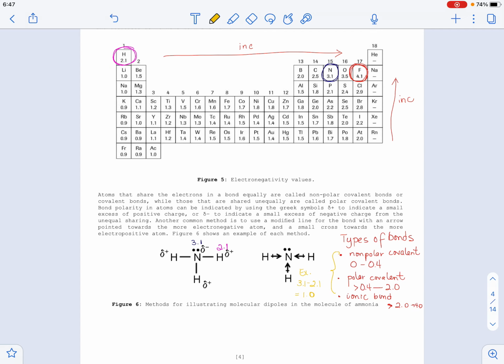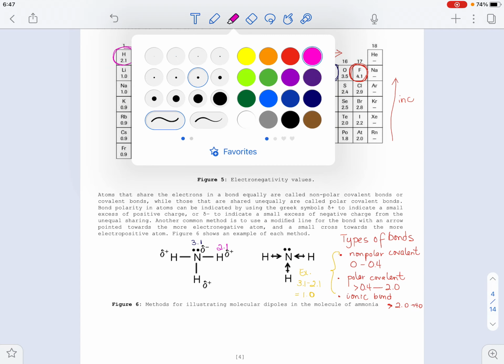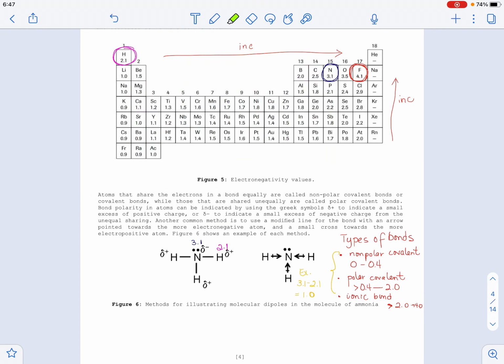So what that tells me specifically is that this bond between nitrogen and hydrogen is going to be polar covalent because the electronegativity difference is in that range. Since it's 1.0, it's higher than 0.4 but less than 2.0.